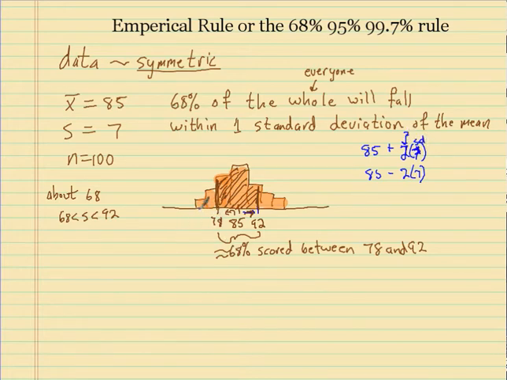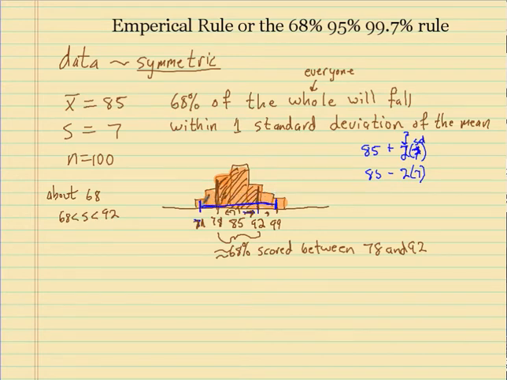So I need to take 7 more off here, which would take me down to 71. And I need to add 7 more here, going out this way, which would take me up to 99. And what the next part of the rule says is, I'm going to draw a line from here to here.